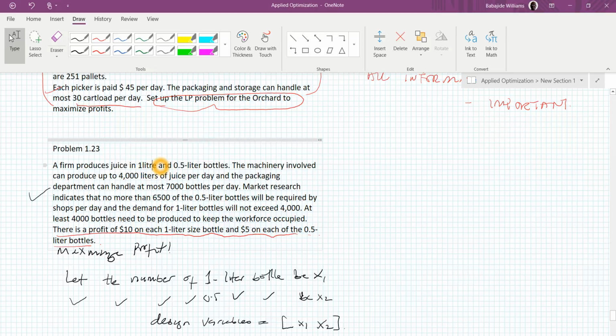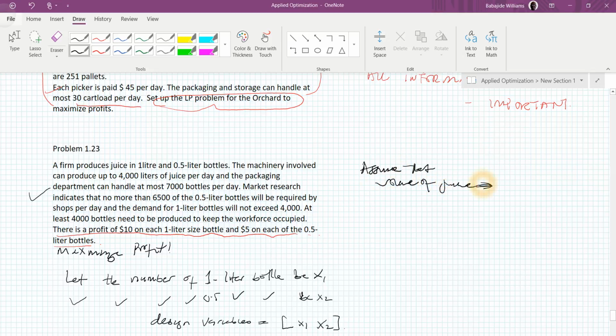If we make an assumption here, assume that the volume of juice is the same thing as the volume of the container. Yeah, we can actually assume that. So it says a firm produces juice in 1 liter and 0.5 liter bottles.